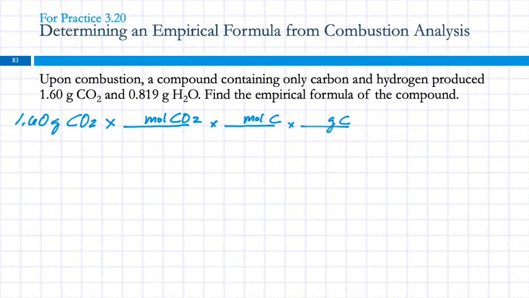Well, let's think about this for a minute. After I get my masses, what am I going to do to calculate the empirical formula? The first thing is to calculate the moles. Well, that's right here. So maybe let's just stop there with the moles, because we need the moles, and then we can do the mole ratio.